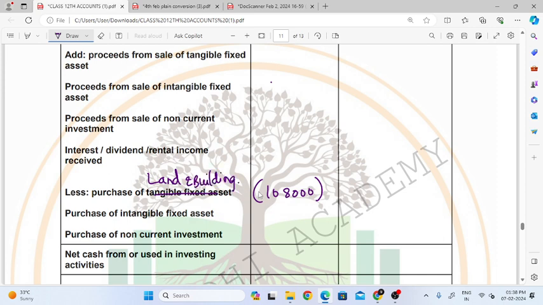So net cash used in investing activities is 1,08,000. They have not mentioned any other thing.